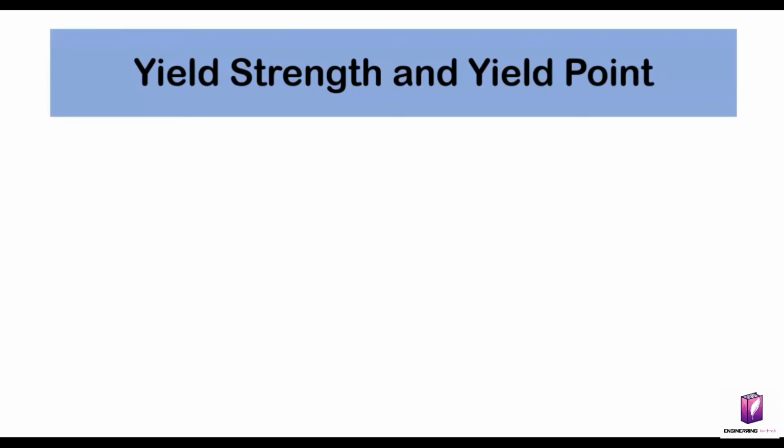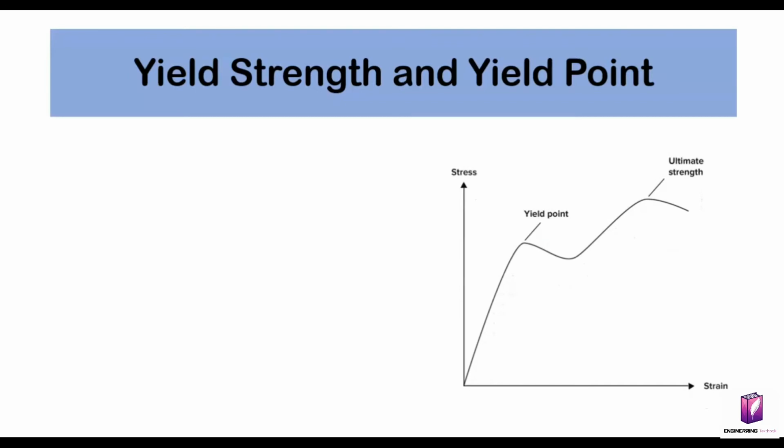Yield strength and yield point. If we increase tensile force on metal further, tensile stress will increase and material will cross elastic limit and start to deform or yield. This point where deformation starts is called yield point, and stress which creates this deformation is known as yield strength.